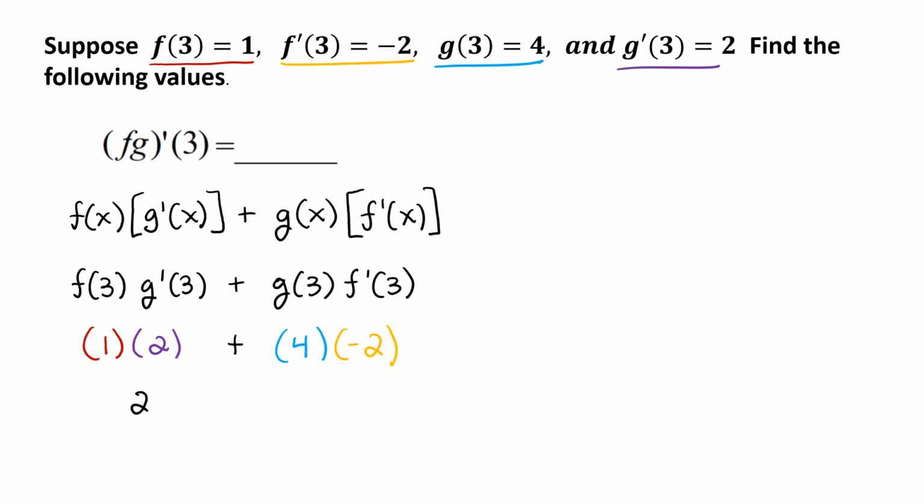So this is equal to 2 minus 8, which is negative 6. So that is what fg prime of 3 would be equal to.